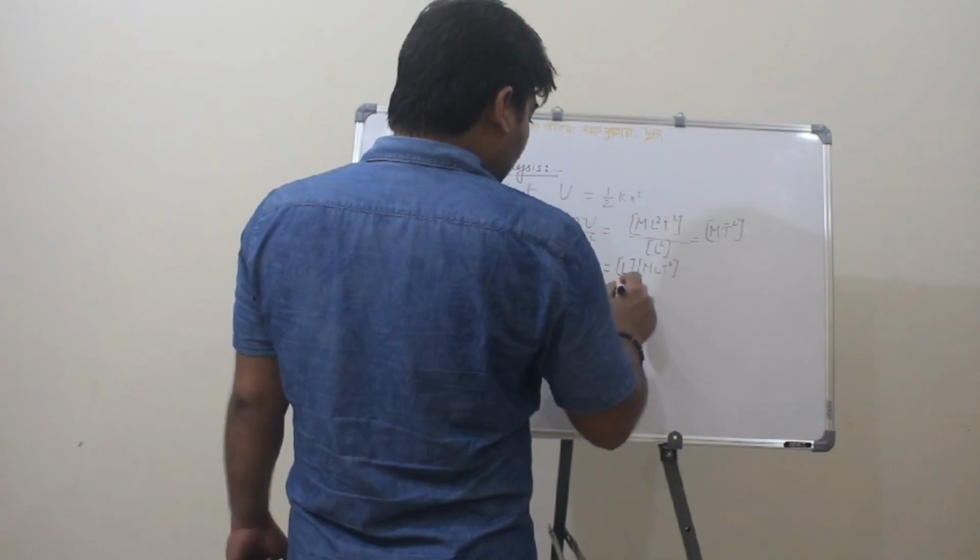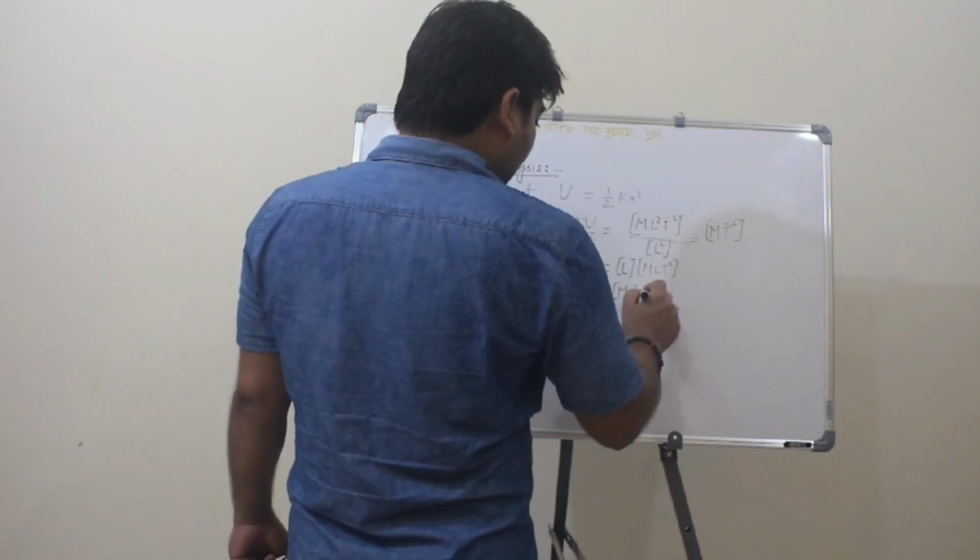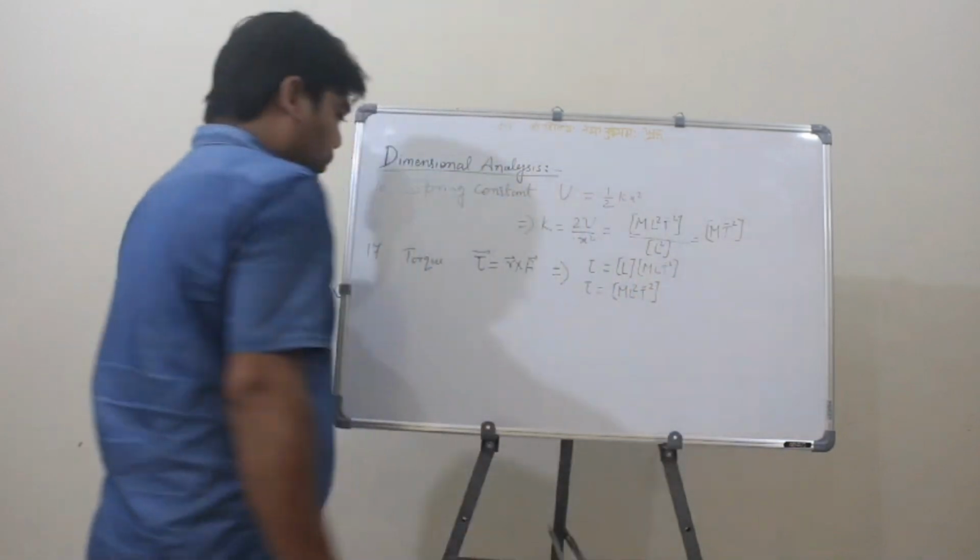So tau has a dimension of M L square T to the power minus 2.